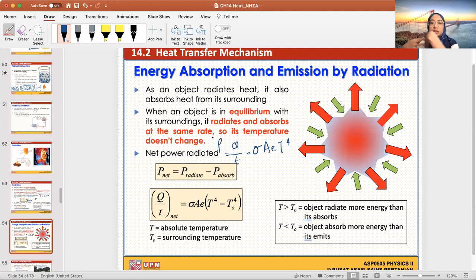That is the rate of heat that this object is giving to the environment. But at the same time, it also absorbs heat from the surrounding. Why? When an object is in equilibrium with its surrounding, it radiates and absorbs at the same rate. So its temperature does not change.